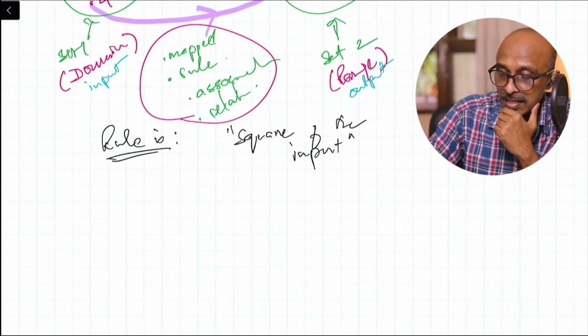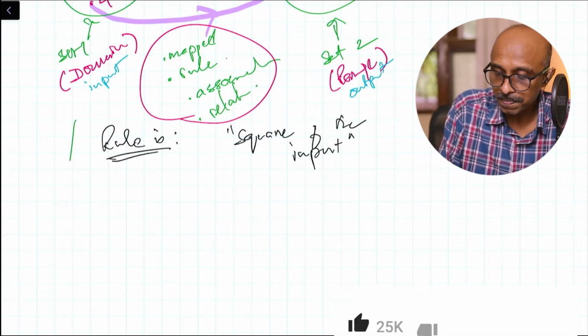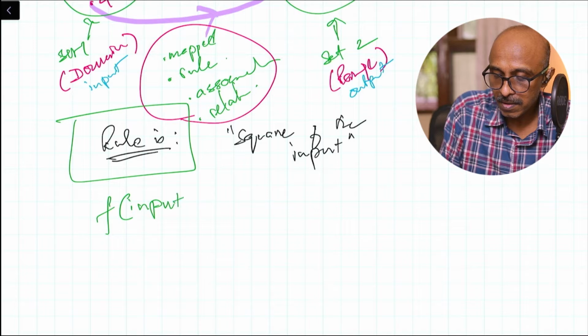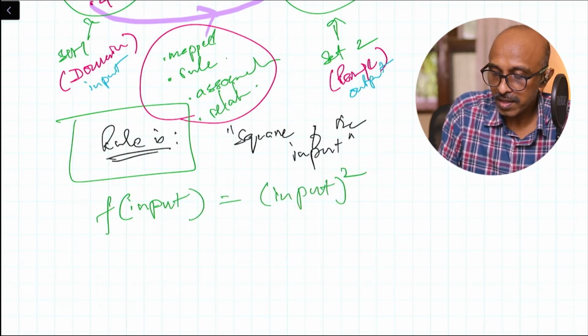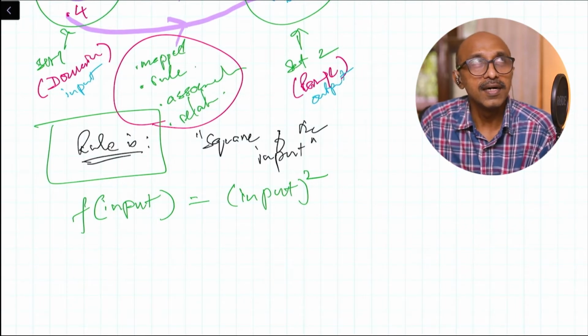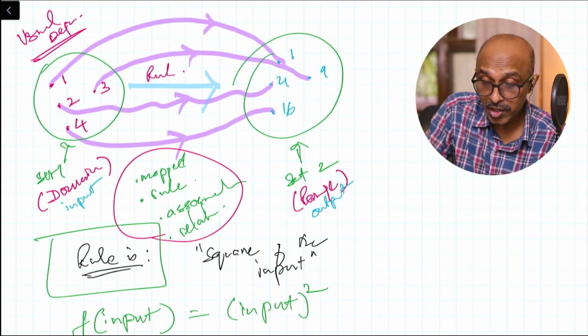In this case, it's the square: f of the input is equal to input squared. This is another way to describe this particular example.